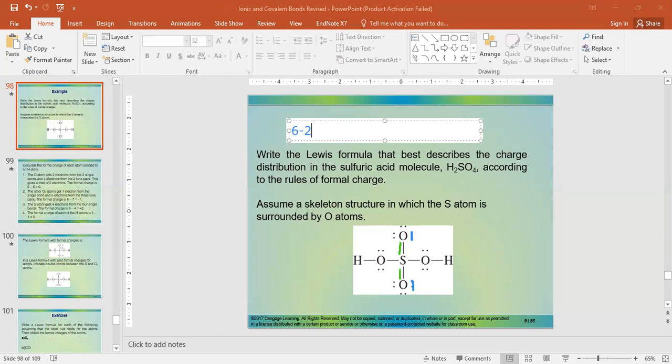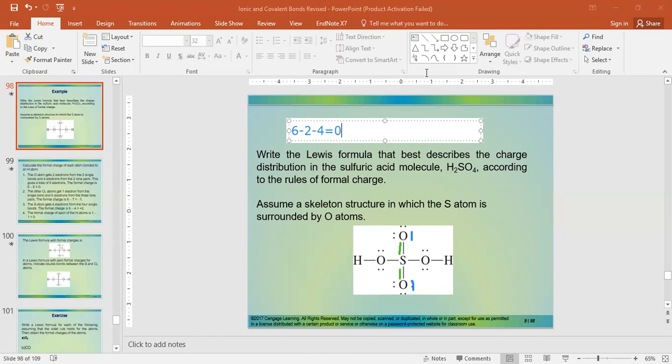How many lone electrons are there? 4. So we subtract 4. What are you getting? 0. Can you see we have made that particular compound behave? Because when it has the lowest form of charge, then that is the structure we go for.